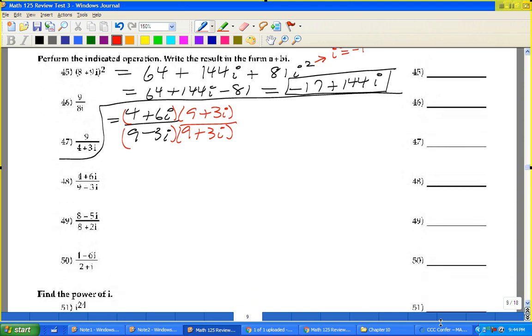Okay, so now let me multiply this out. 4 times 9, 36. 4 times 3i, 12i. 6i times 9, 45i. 6i times 3i, 18i squared.